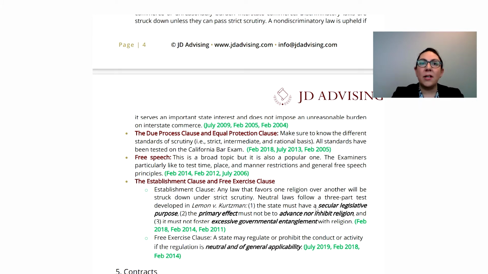And oftentimes the call of the question will be open-ended, where they'll tell you that someone has brought a constitutional challenge and you have to identify the constitutional arguments that that person will raise. So being familiar with the different substantive arguments, which are listed here, that the person can raise is going to allow you to best spot all of those potential issues on this type of essay.